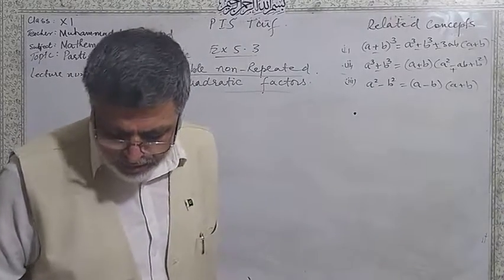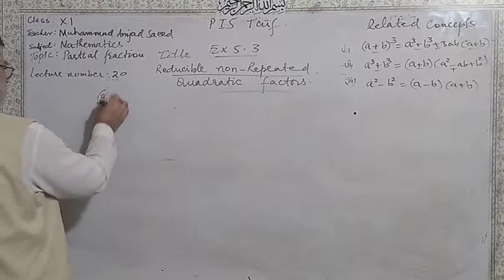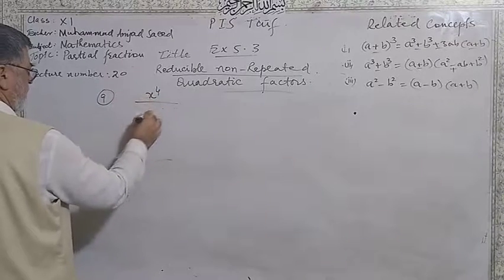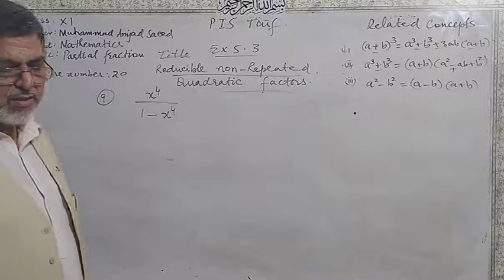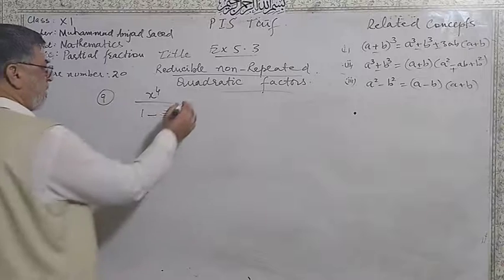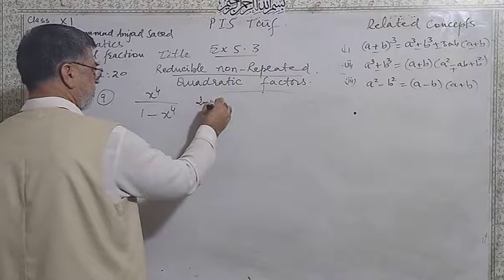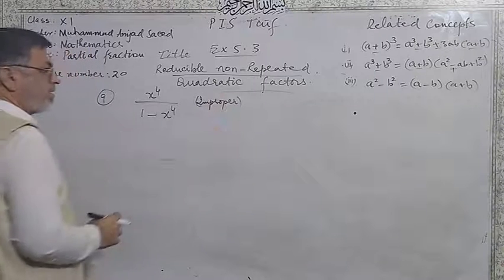Question number 9, x4 over 1 minus x4. Remember that we have the same degree above and below. This is improper fraction.